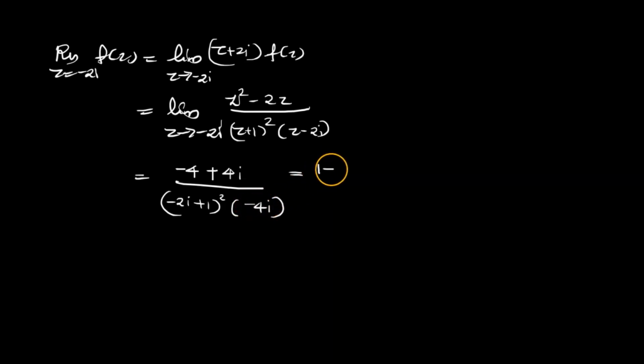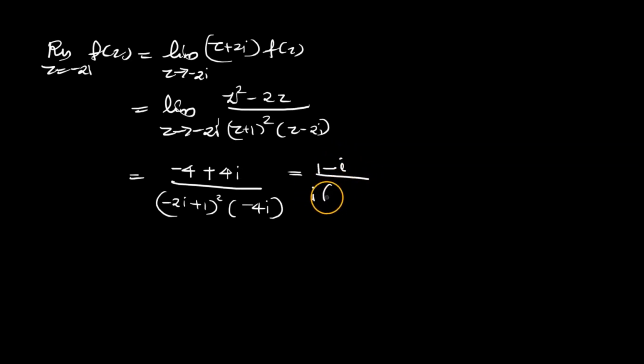This is 1 minus i divided by i into (minus 2i plus 1) all square. (Minus 2i) square is minus 4, plus 2ab, that is minus 4i, plus 1.